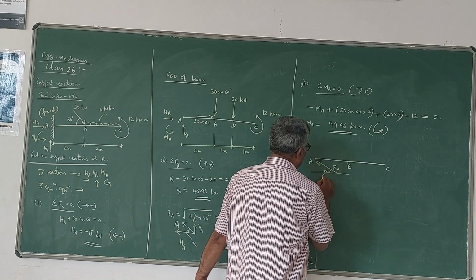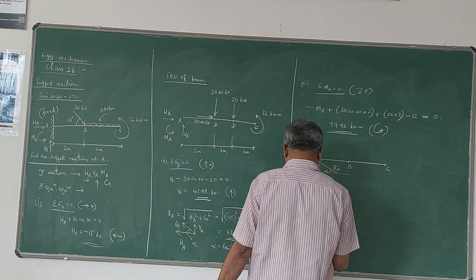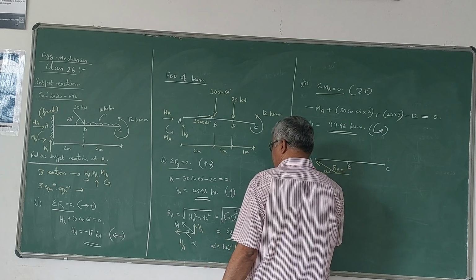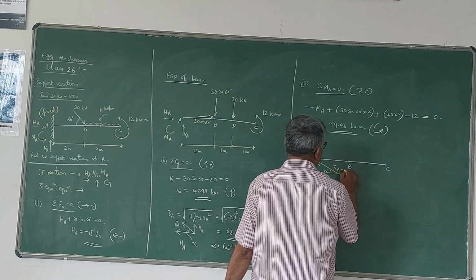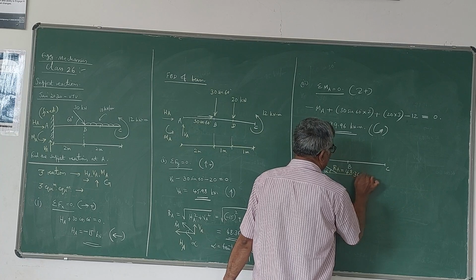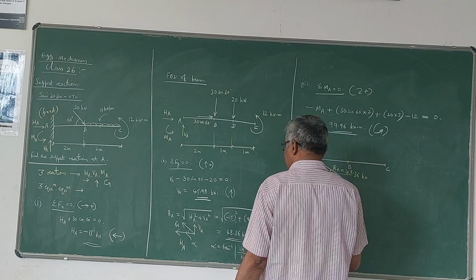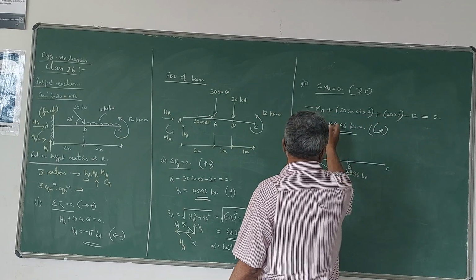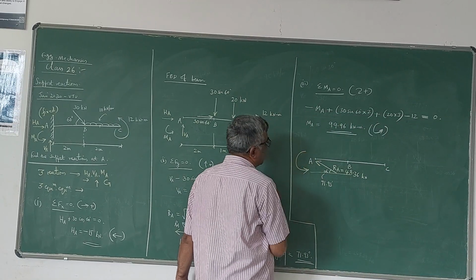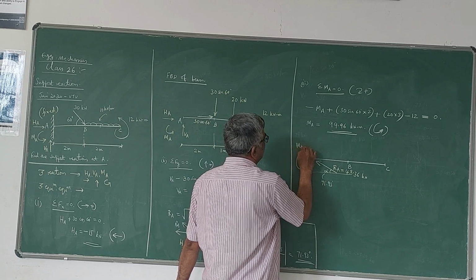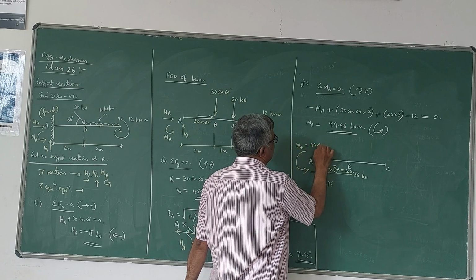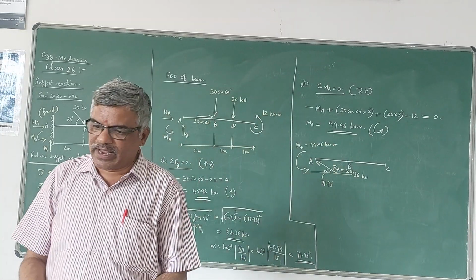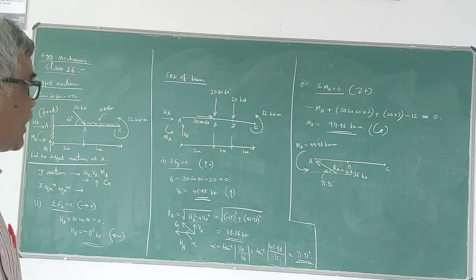So alpha value is 71.93 degree, whereas reaction value is 48.36 kilonewton. And at C, here you don't have any reaction. In addition to this RA, you have an anti-clockwise reactive moment MA, which is equal to 99.96 kilonewton meter. So this is how we can represent the reactions in the cantilever beam.